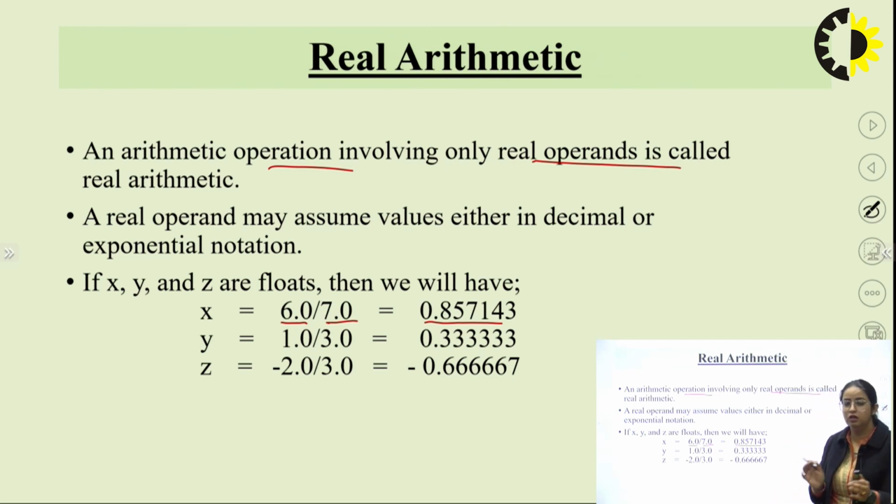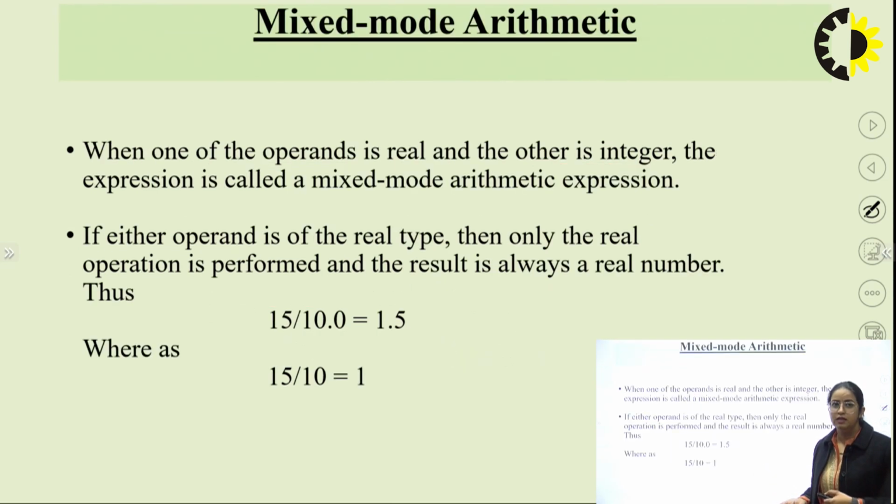Integer arithmetic is where we have 2 operands, both of integer type. Real arithmetic is where we have 2 operands, both of real type. This is an example of real arithmetic, where both operands are of float or decimal type.